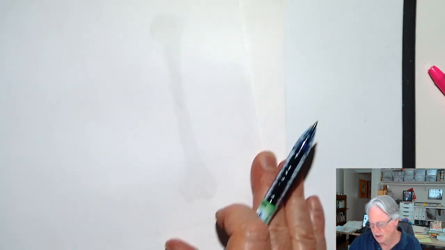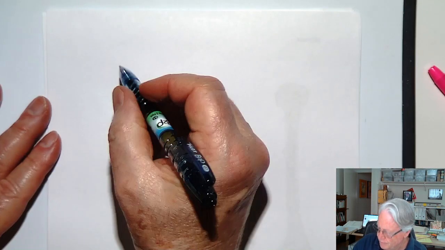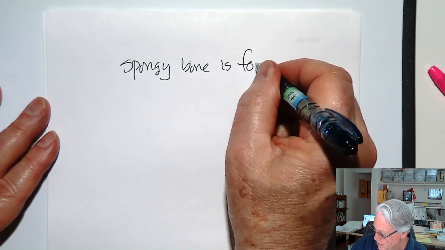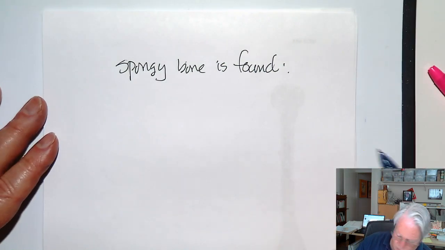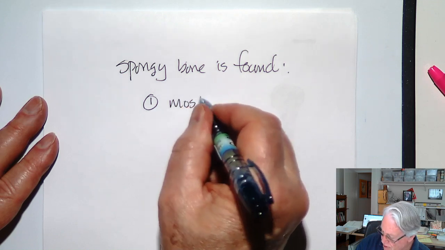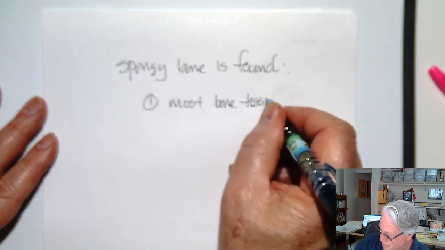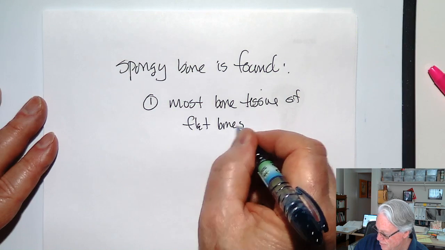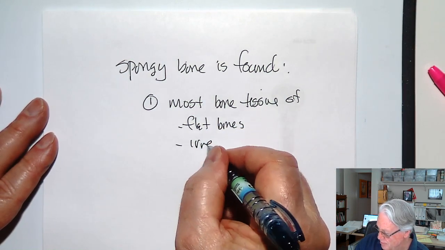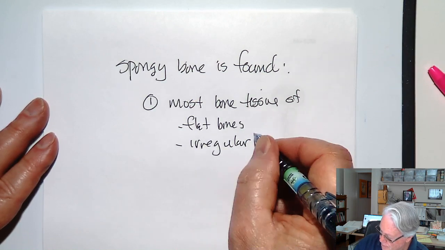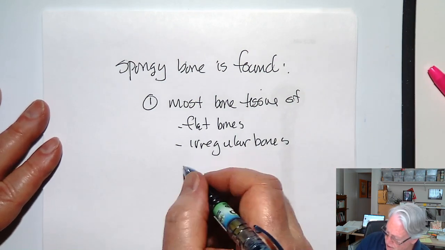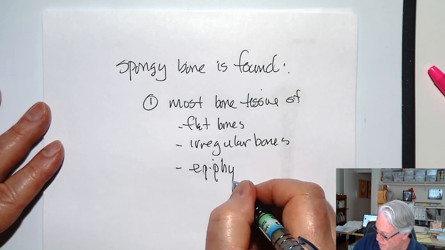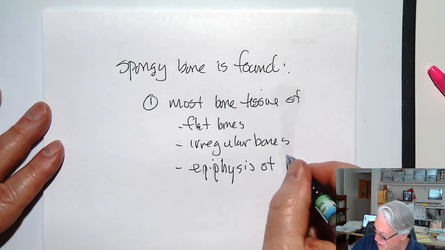Okay. So where is spongy bone found? Spongy bone is found in most bone tissue of flat bones, irregular bones, and in the epiphysis of long bones.